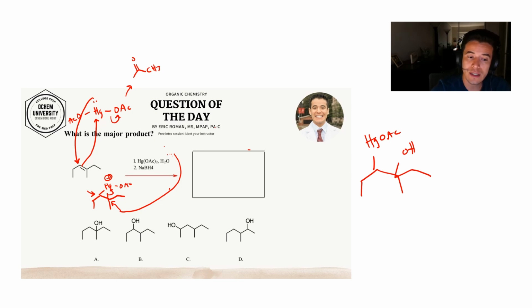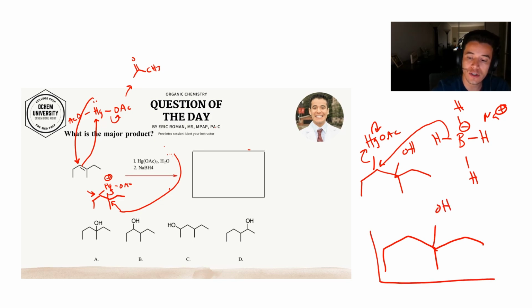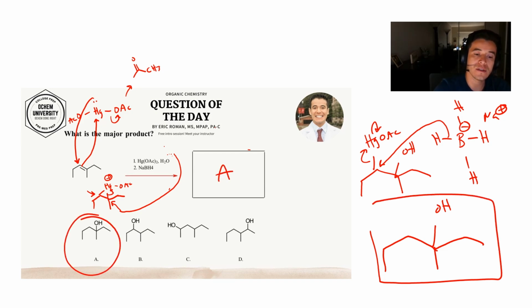The NaBH4 is going to help solve the day so that one of the boron's hydrogens can cleave off from the boron, reach out and hit this carbon, kick out the Hg, and actually kick out the OAc so that those are separate. And so what we're left with is a shape that looks like this, and that's going to be our letter A. So here OH, that's Markovnikov, more substituted. Here our best answer is letter A.